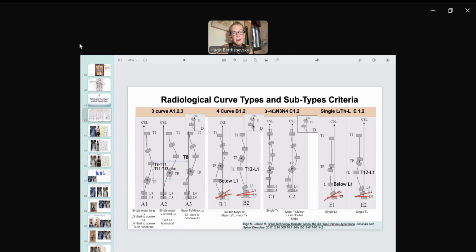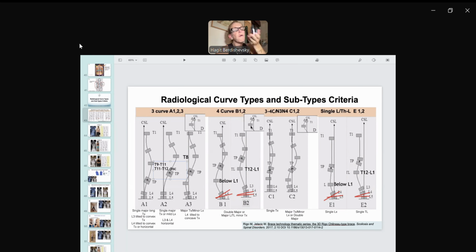And if we're talking about the upper thoracic, 4C curves that have both lumbar and thoracic curves usually have less incidence of having an upper thoracic curve, particularly the B2 type that already has a higher main thoracic.